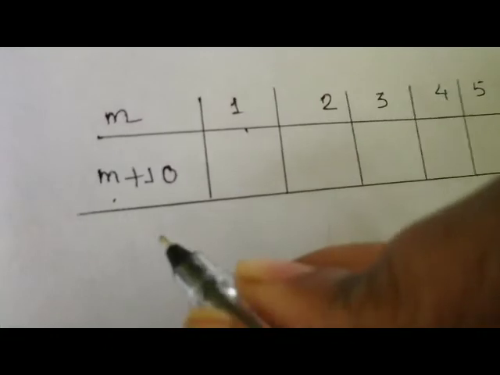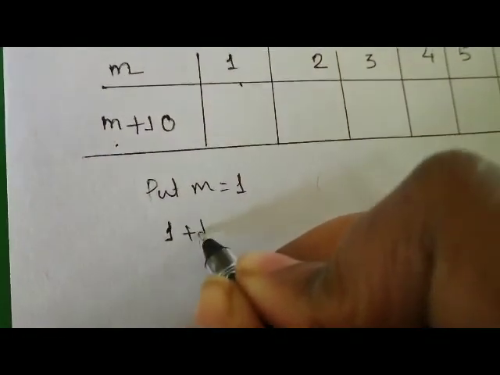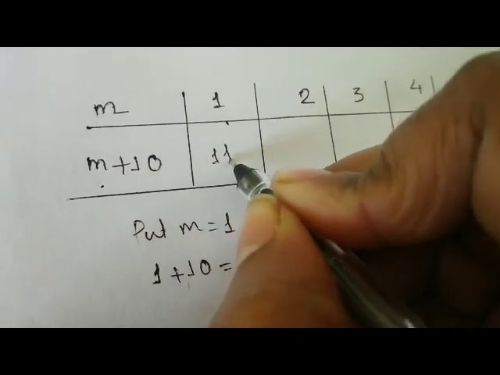Like here in the first one we have m is equal to 1. So here we are putting m is equal to 1. Now whenever we put m is equal to 1 in this place, 1 plus 10, it will be 11. So we will write 11 here.